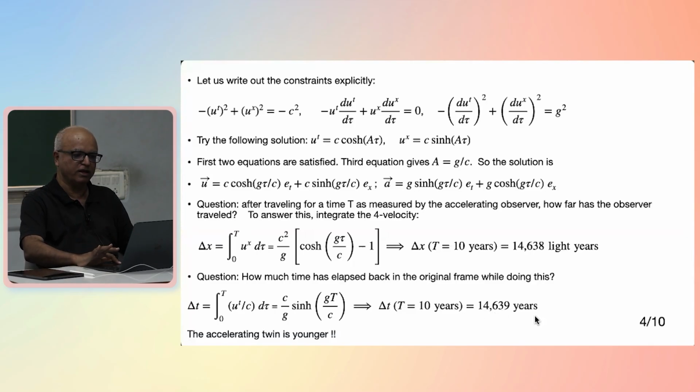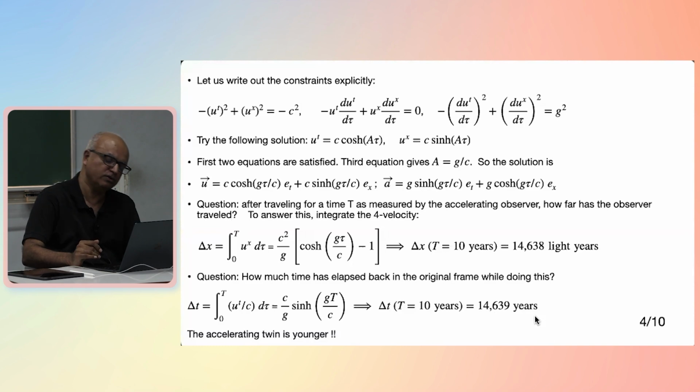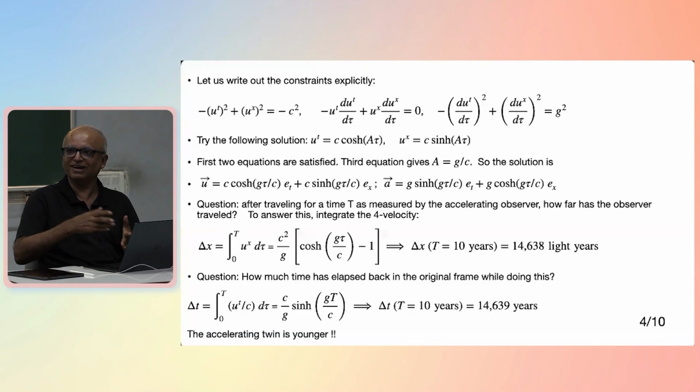In 14,639 years, the accelerating observer has travelled 14,638 light years, almost at the speed of light. You know, it picks up very rapidly, yeah? Does not take that long. You start with 0 speed and 10 meters per second square, so you will be going very fast very soon.